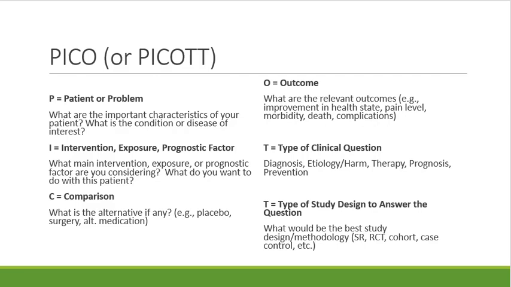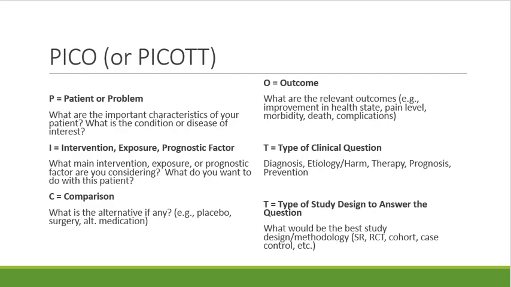In the next one, you've got the intervention, exposure, or prognostic factor. So when it was initially developed, I stood for intervention, and then to help people think about things beyond just a therapy intervention trial, this is where then exposure or prognostic factor fit into play.